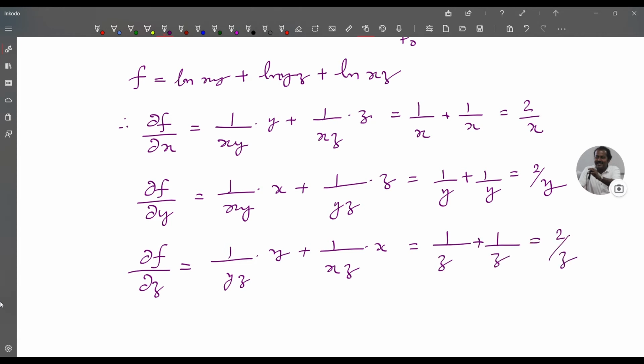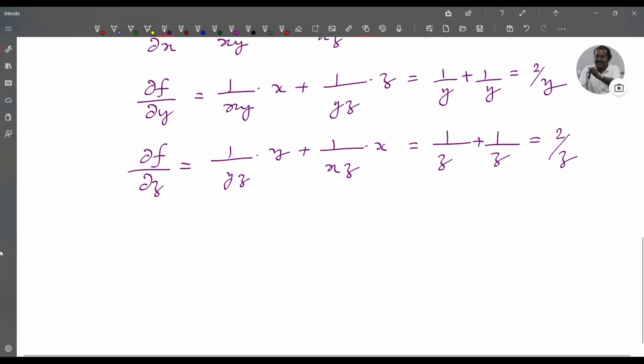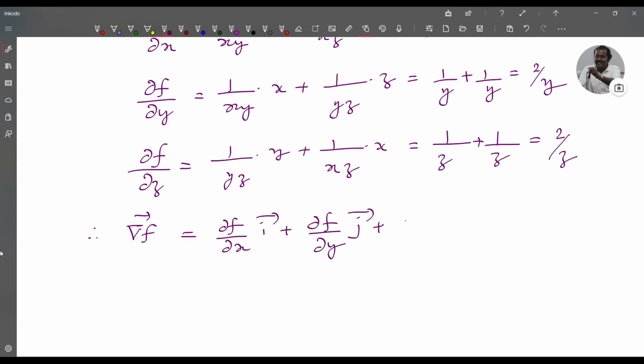Therefore, del f is dou f by dou x i plus dou f by dou y j plus dou f by dou z k. So this is equal to 2 by x i plus 2 by y j plus 2 by z k.